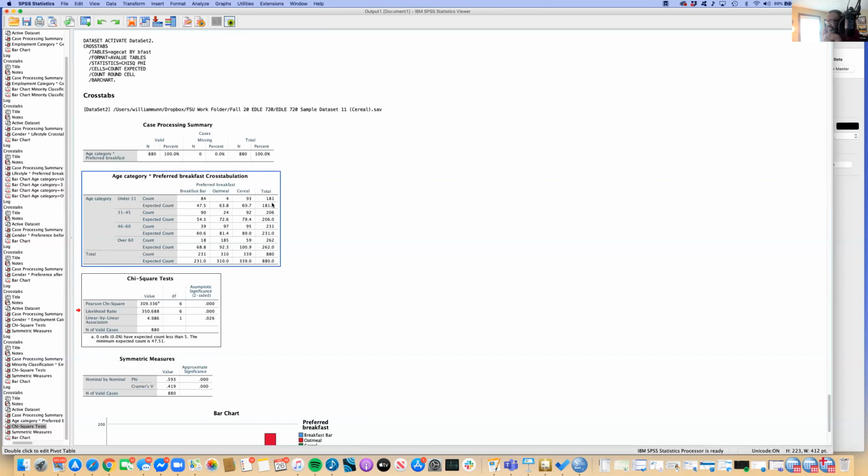So what the test is saying is that there's nothing going on here. This is how many people should fall into this category based just on numerical distribution. But when you have something else going on and affecting that distribution, that's what the test picks up.